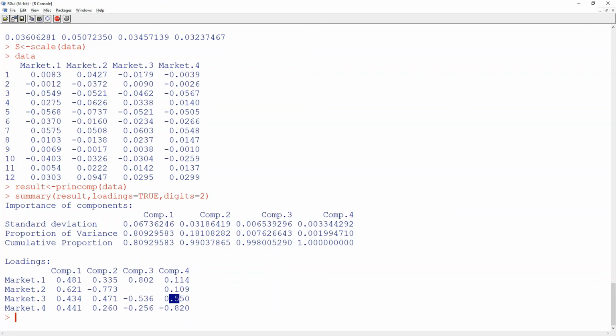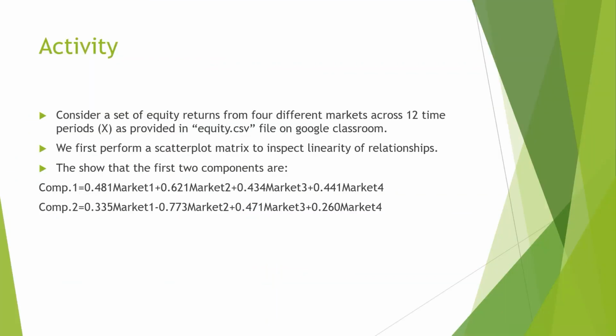You have understood. Now, the last thing before I move on: what do these loadings mean? It means that your different principal components can be explained by an equation, as you will see I've written there. All right. So the first component Z1 is equal to 0.481 times variable 1, plus 0.621 times the second variable, plus 0.431 times the third variable, and so on.